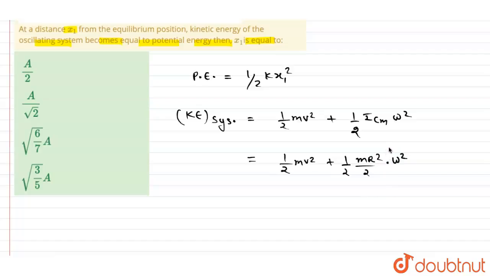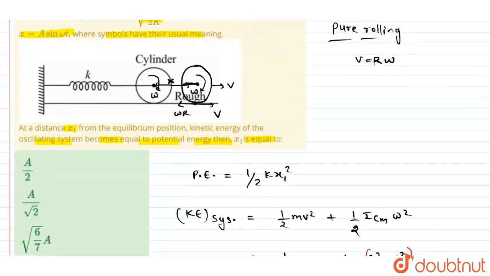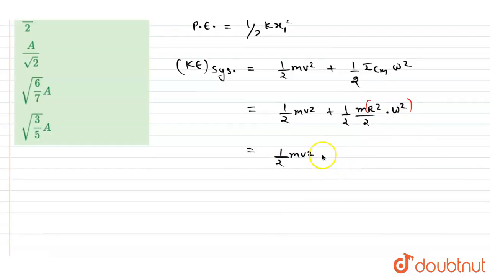Now you can see this r square and omega square; as we know that v equals r omega, we can write v square in place of this. So let us write half of mv square plus 1 upon 2 times 1 upon 2, which is 1/4 mv square. So finally the kinetic energy of the system you can write as 3 by 4 of mv square. This is the kinetic energy of the system.